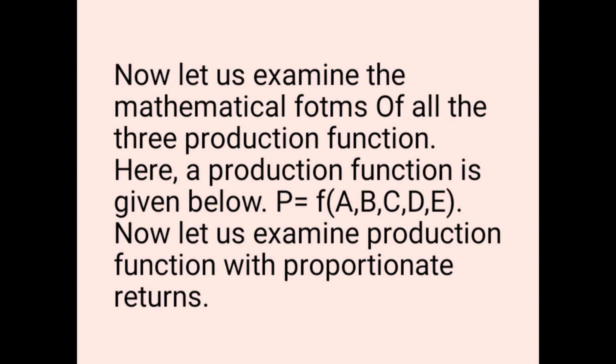Thus production function can be written as follows: nP is equal to F of nA, nB, nC, nD, nE. So this is the formula when we are increasing inputs up to n, and as a result we get increase of output up to n.